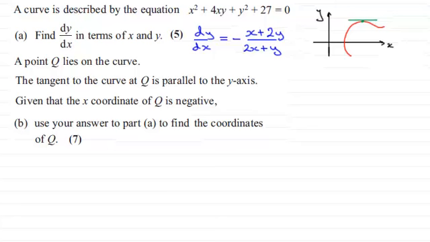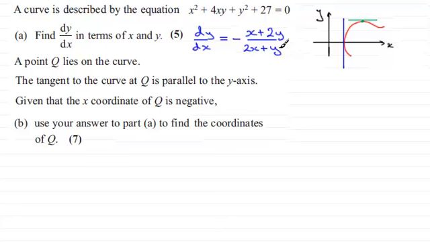But in this example, we're looking at tangents that are parallel to the y-axis, so the gradient is undefined. And we get an undefined gradient when the denominator is 0.